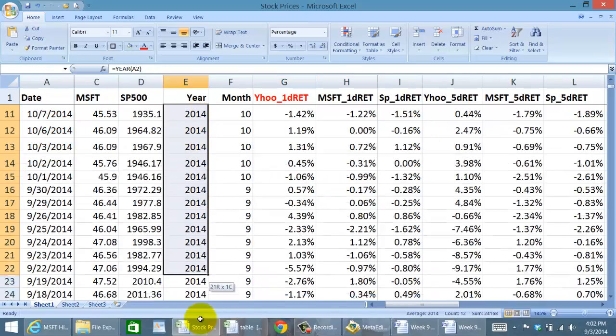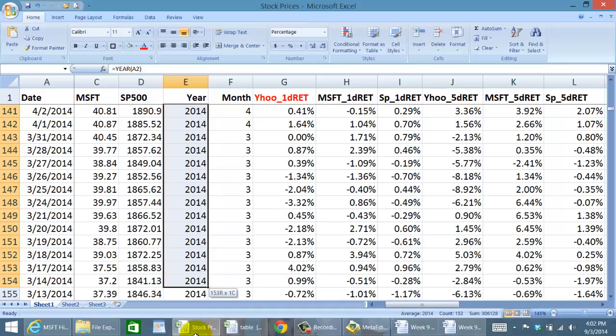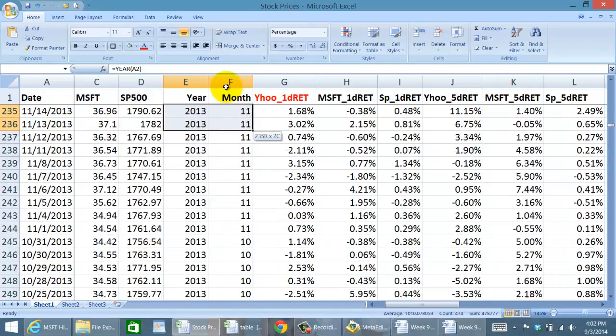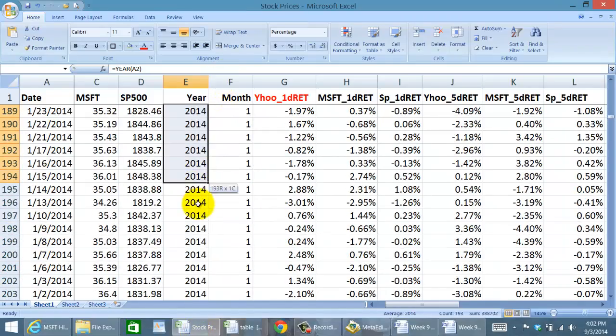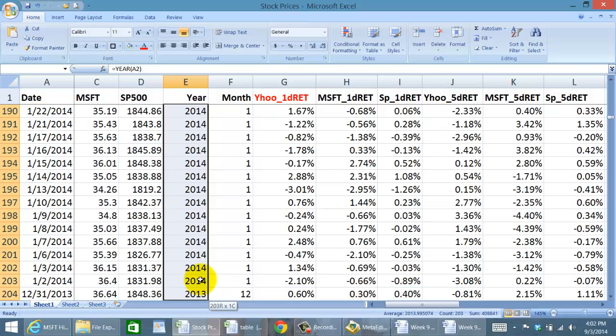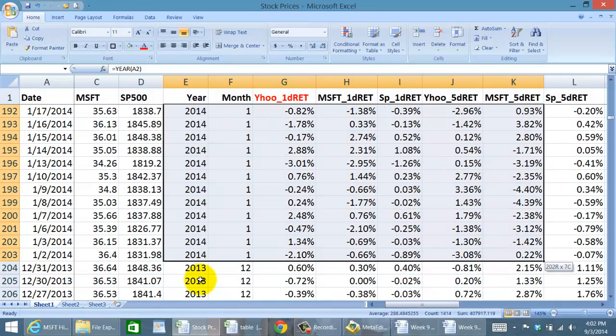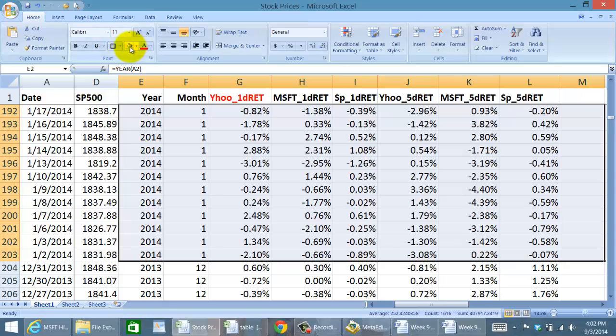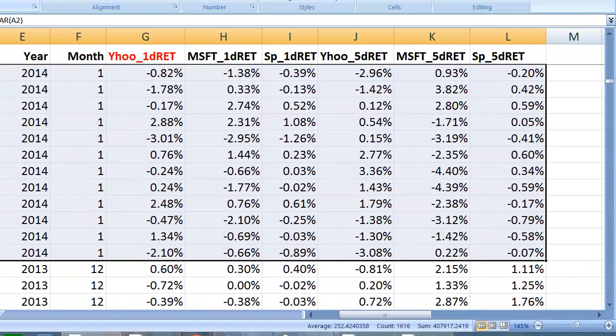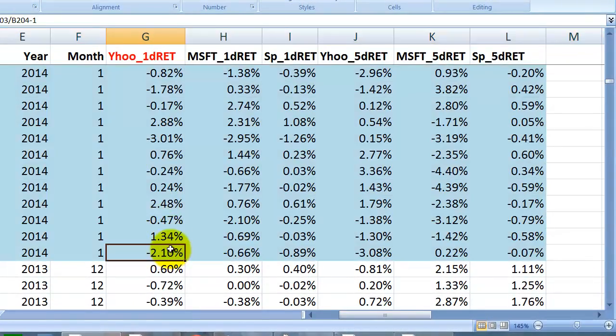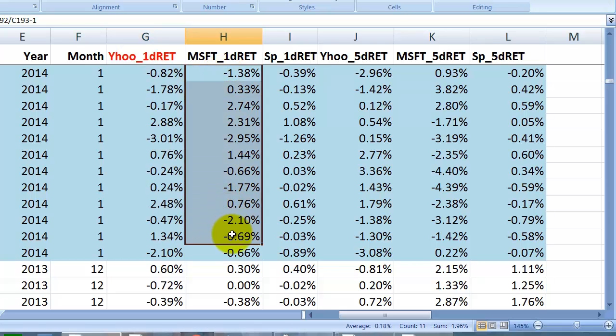So you identify, say here, the year 2014, that data. And then you calculate the average for Yahoo over that shaded area, get the standard deviation, and do the same thing.